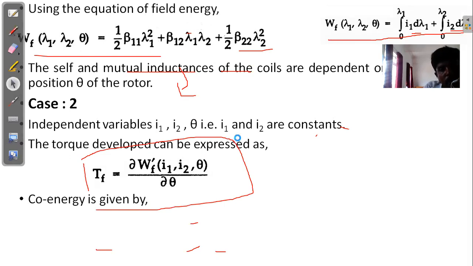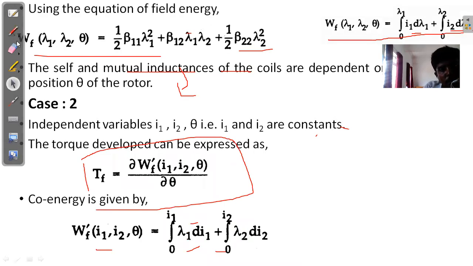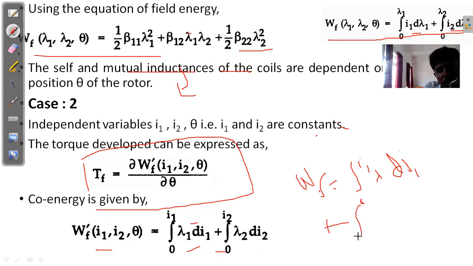So the co-energy is given by, we know the general formula, co-energy equal to integral 0 to I1 of lambda 1 dI1, where the variable parameters are I1 and I2, plus integral 0 to I2 of lambda 2 dI2.